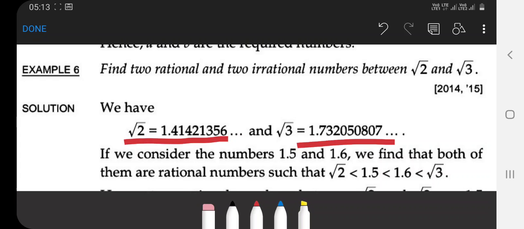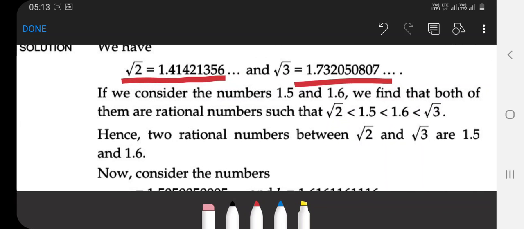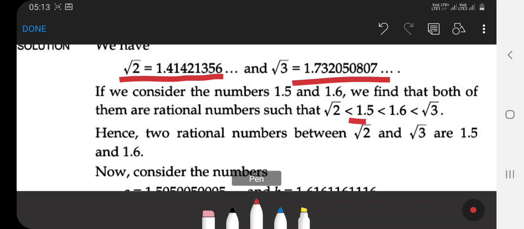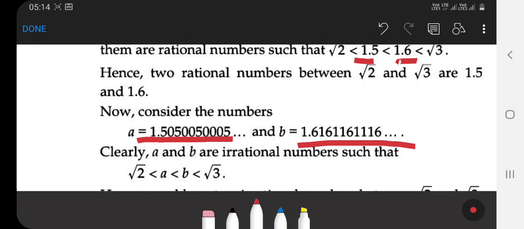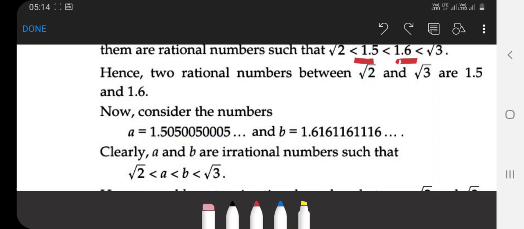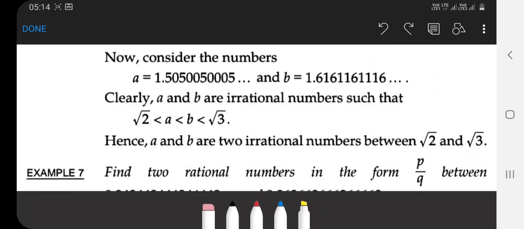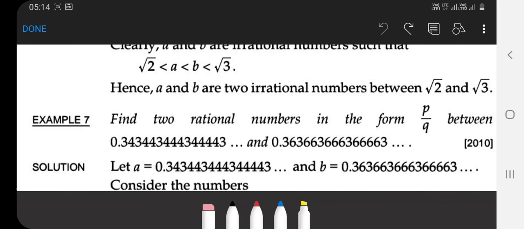Clear? 1.5 and 1.6 are terminating decimals, so they are rational numbers, and the other values are non-terminating and non-repeating, so they are irrational numbers. In this way we can insert many rational and irrational numbers between given numbers.